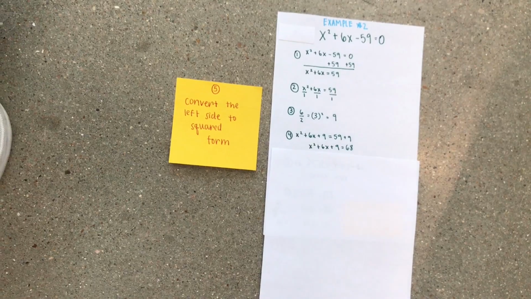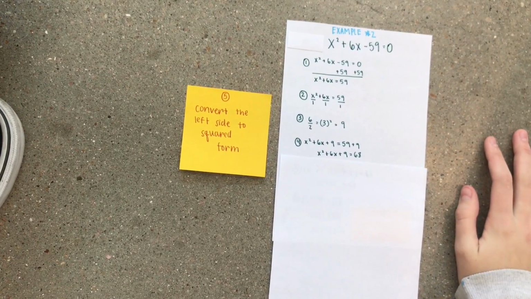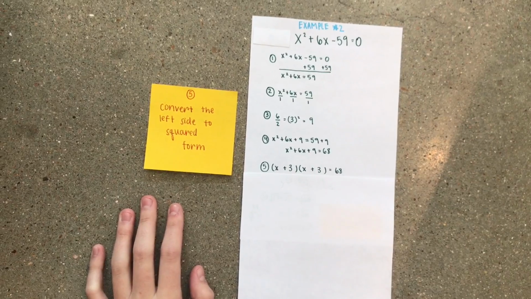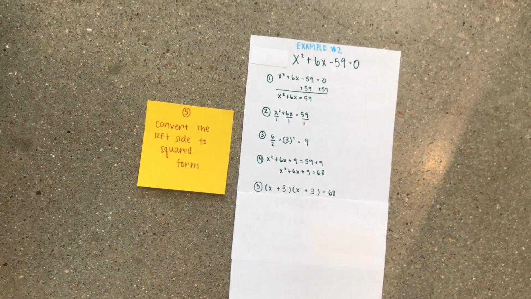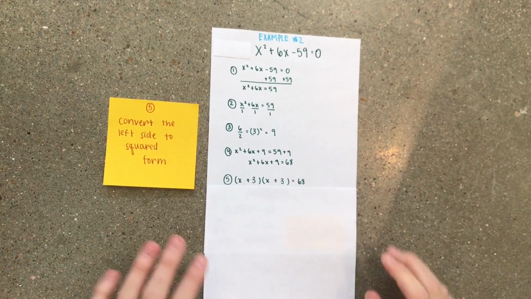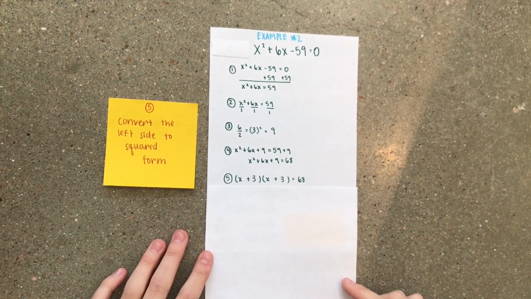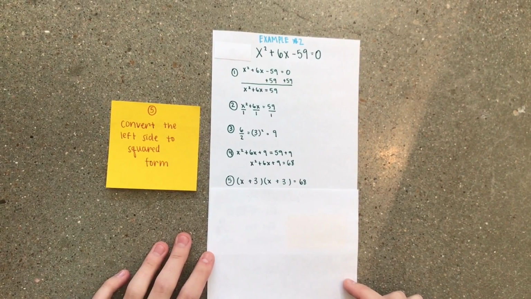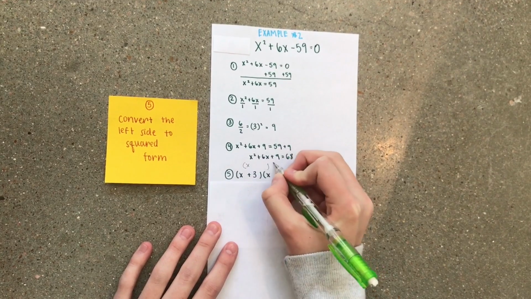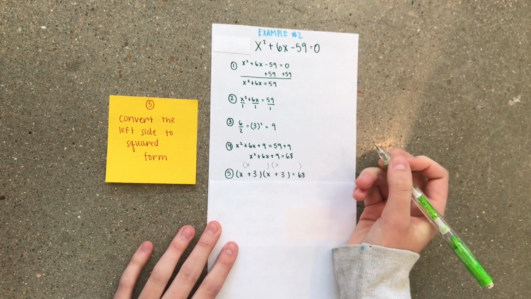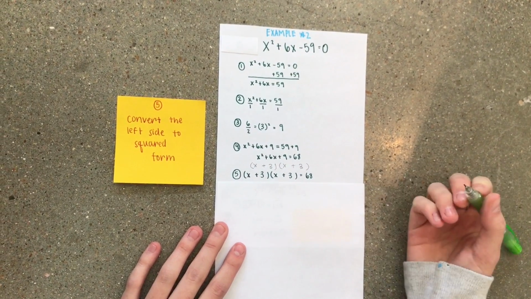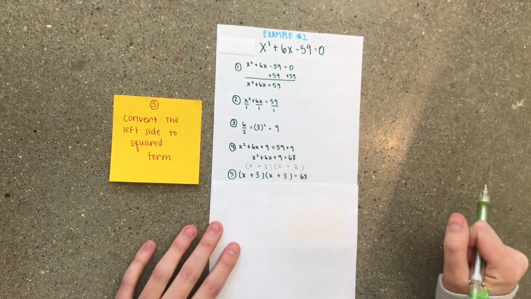Okay, so step 5, we're converting the left side to squared form. We get x plus 3 times x plus 3 equals 68 because we said x times x equals x squared, and then 3x plus 3x is 6x, and then 3 times 3 is 9.